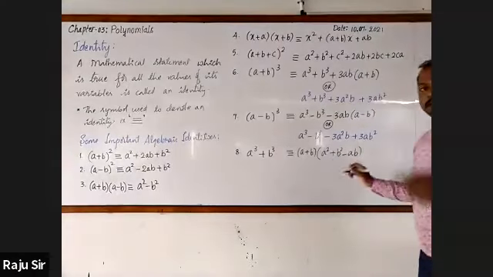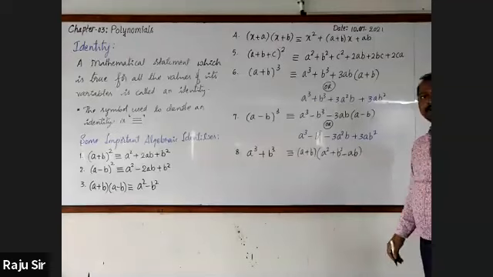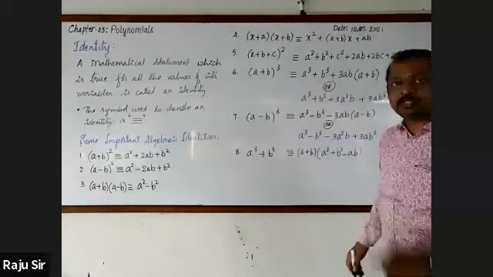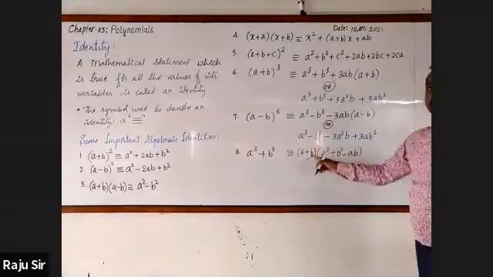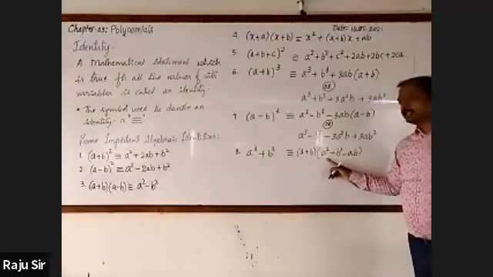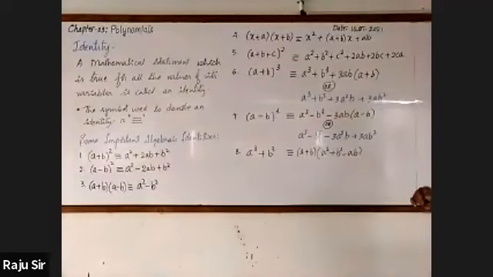Earlier one student said that this is the identity, is it not? Shreyas. a cube plus b cube is exactly equal to (a plus b) into (a square plus b square minus ab).